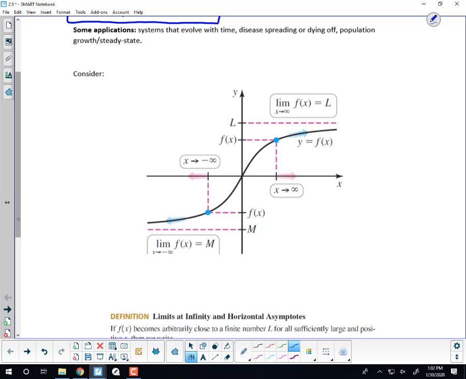The idea is, as x approaches infinity, does the function approach a specific limit? As x approaches negative infinity, do we have a different limit in that direction? In either case, if x is approaching infinity or negative infinity and your function approaches a finite number, that corresponds to a horizontal asymptote.